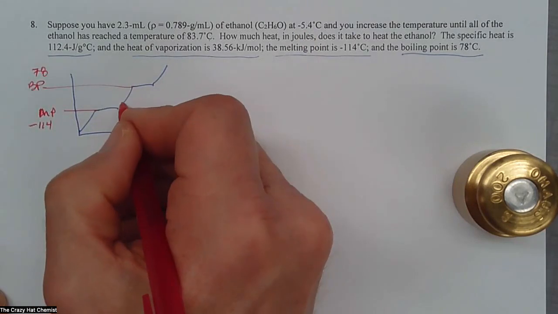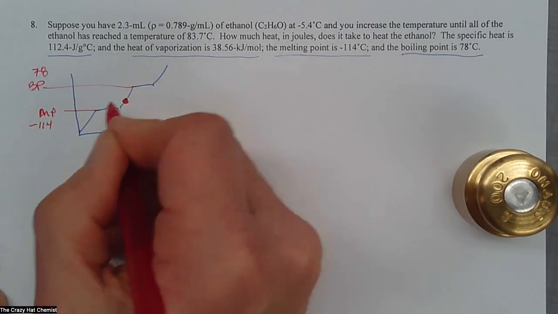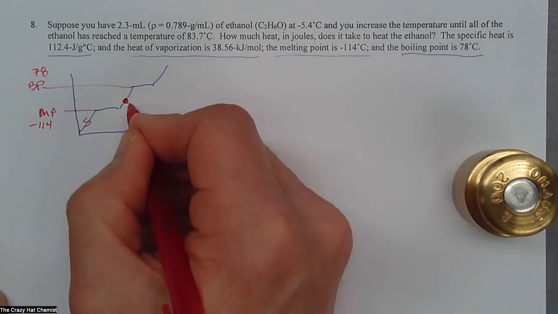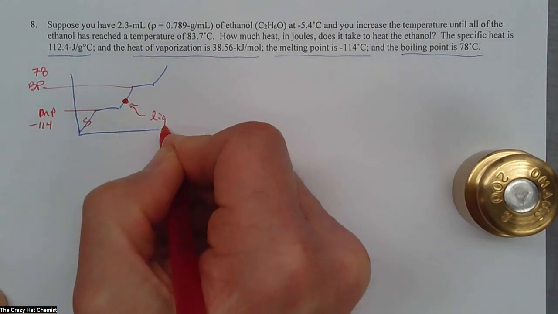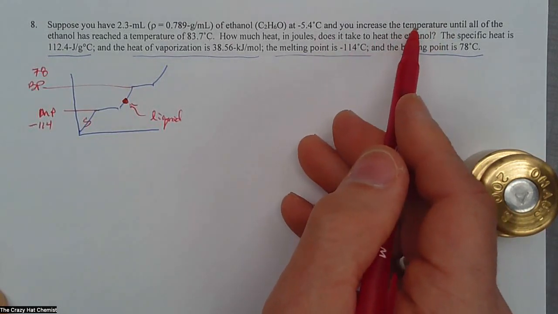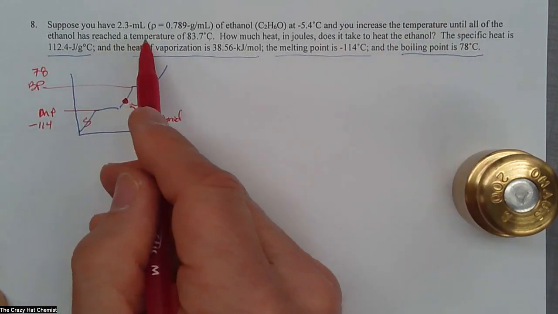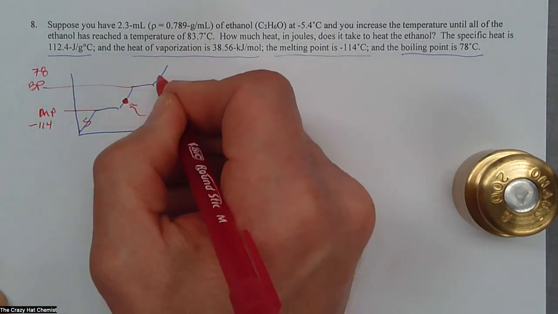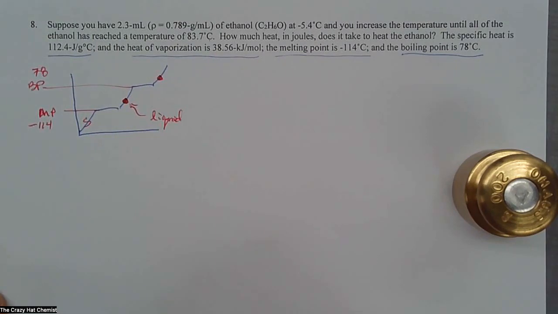So it says we have ethanol at negative 5.4. That means it's right here, above the melting point. That means this is a solid, this is a liquid. And you're going to increase the temperature until all the ethanol has reached 83.7. That's right here.